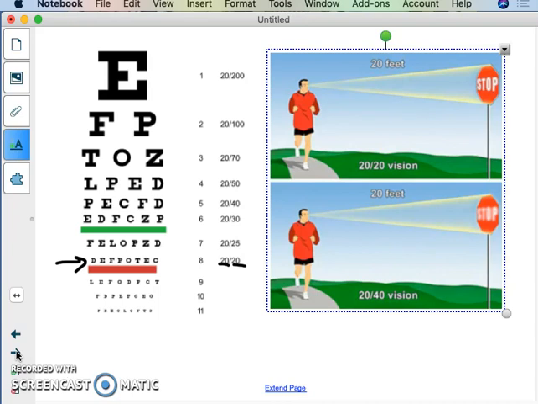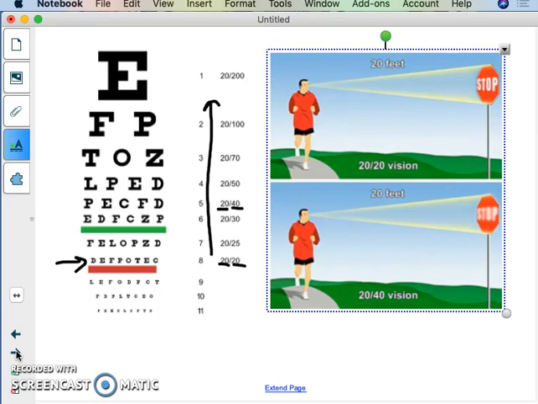So it's blurrier. You have worse vision if you're going up this way. What you see at 20 feet is what a normal person would see at 40 feet, so that's why these letters are bigger. It's because you can't see the smaller ones that a regular eye could see.